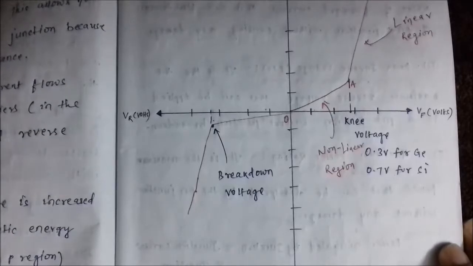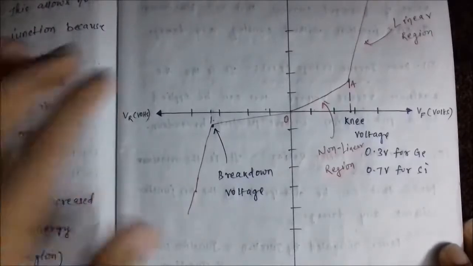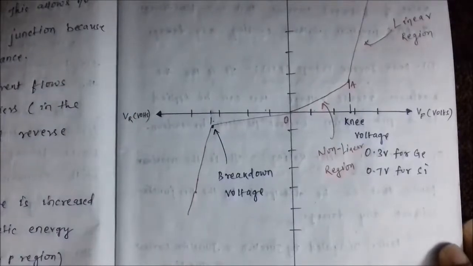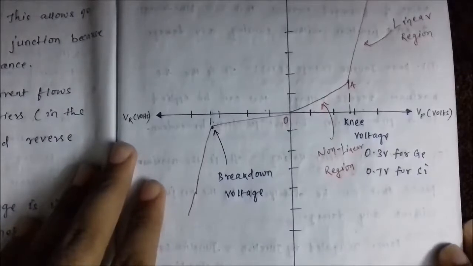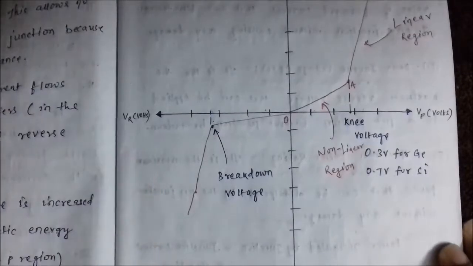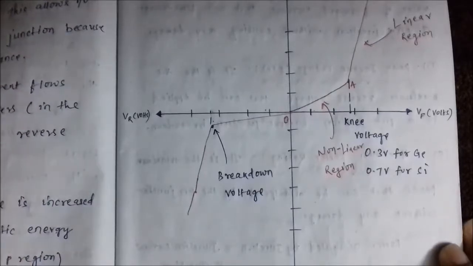So current flows through it. There is no need to go to the diagram again. I've told you many times. So when it is connected in forward bias mode, there is current flow in the PN junction, but this current flow is not very high.